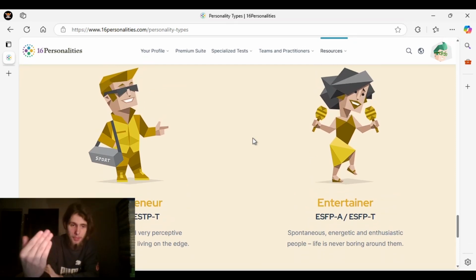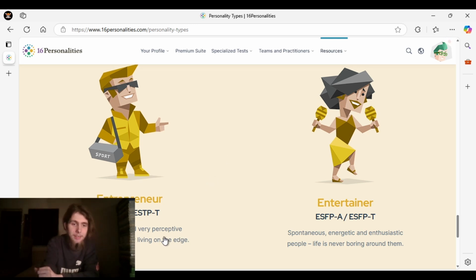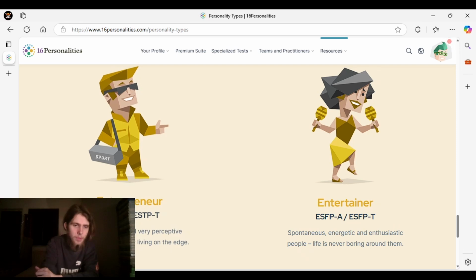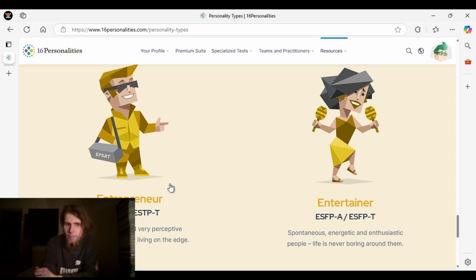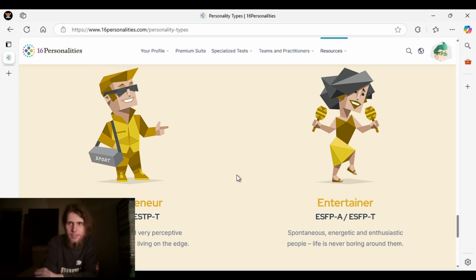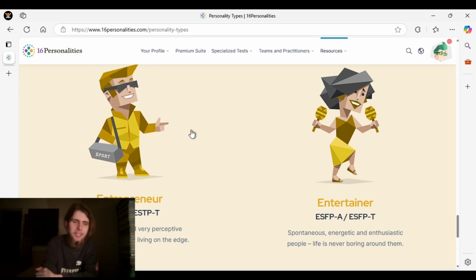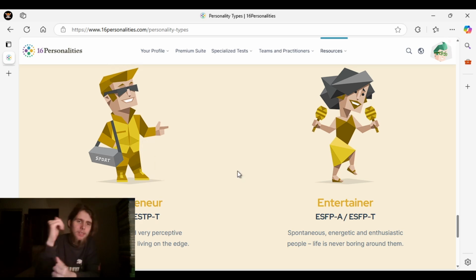Then we have the entrepreneurs, the ESTP, smart, energetic, and very perceptive people who truly enjoy living on the stage. Think of an ENFP, but a bit more daredevilish. That's the kind of type ESTP is.